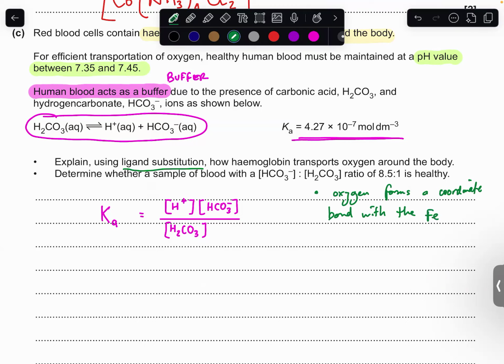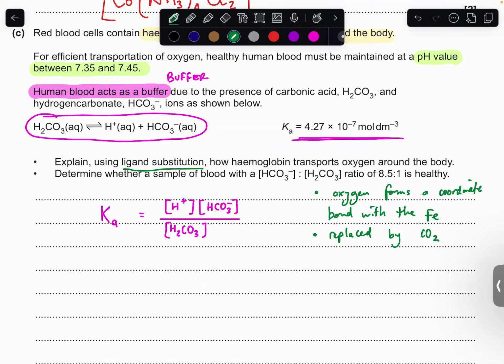And when it goes around the body, where it delivers the oxygen, in return, it gets replaced by carbon dioxide. And these are the 2 points that cover the first part of the question.